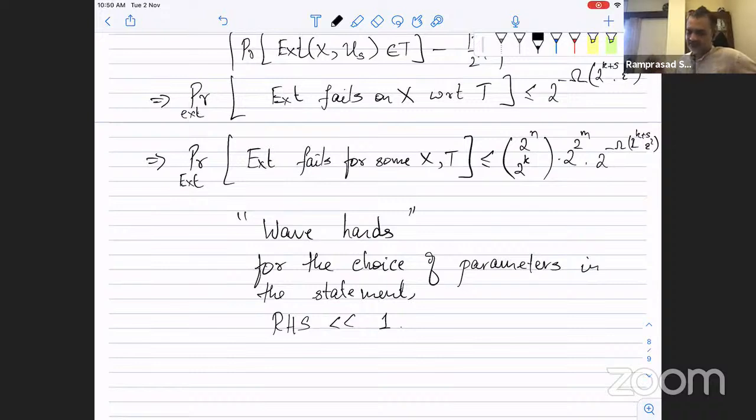Here is a rough calculation. There is a 2 power m here, and this will involve a 2 power k, because the exponent will show up here.